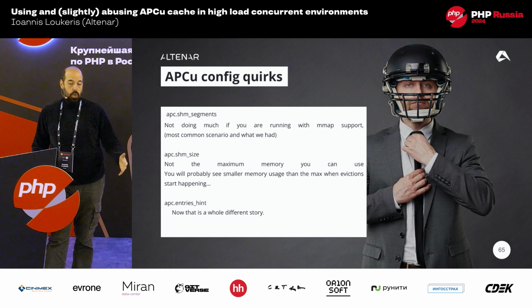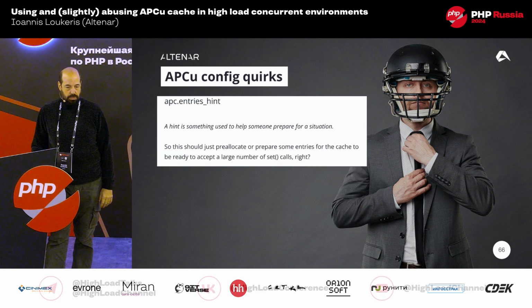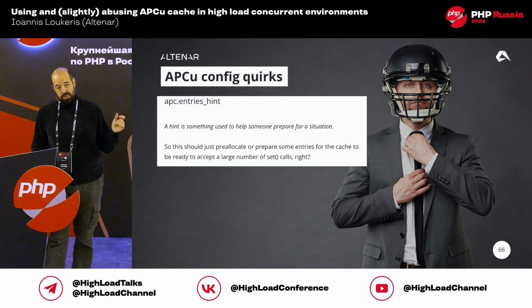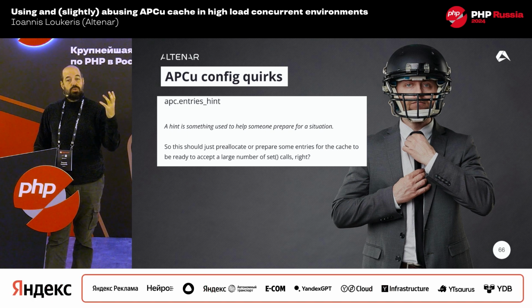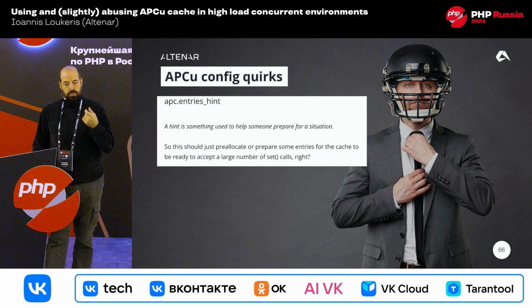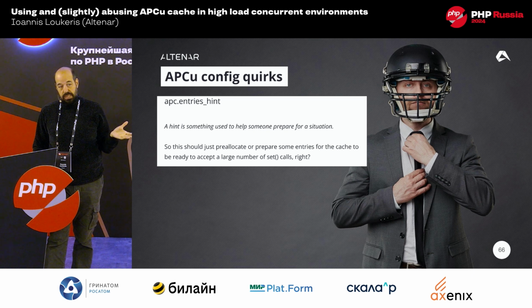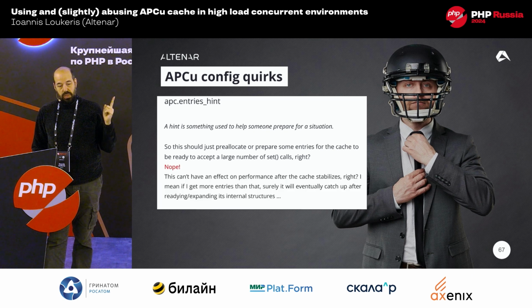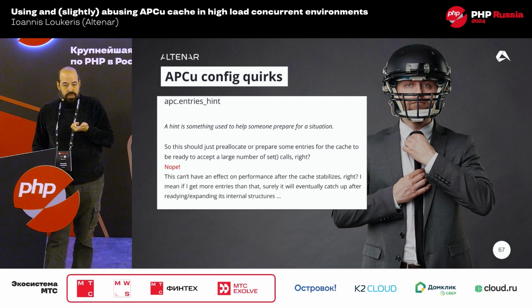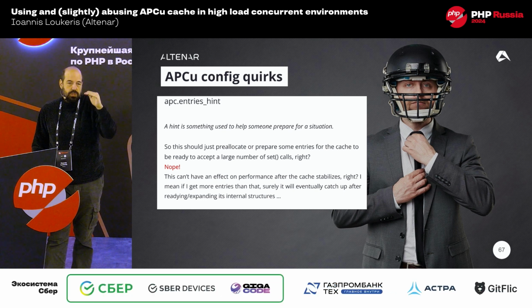And then the entries hint. So now that's a whole different story. A hint, from the dictionary, is something used to help someone prepare for a situation. So this should just pre-allocate some entries for the cache to be ready to accept a large influx of data. Right? Nope. This cannot have an effect on performance because even if it's not exactly like this, the cache will eventually stabilize.